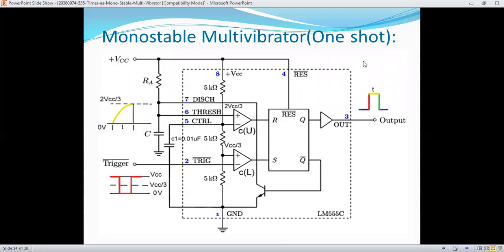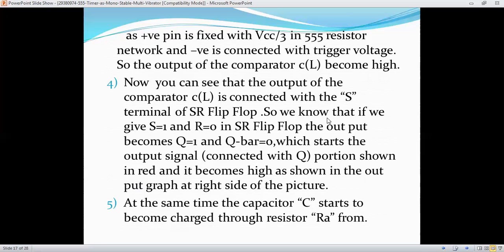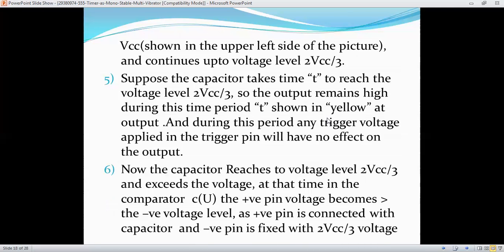The capacitor voltage changes from 1 by 3 VCC to 2 by 3 VCC. At the same time, the capacitor starts to charge through the resistor RA from VCC and continues up to the voltage level of 2 by 3 VCC.